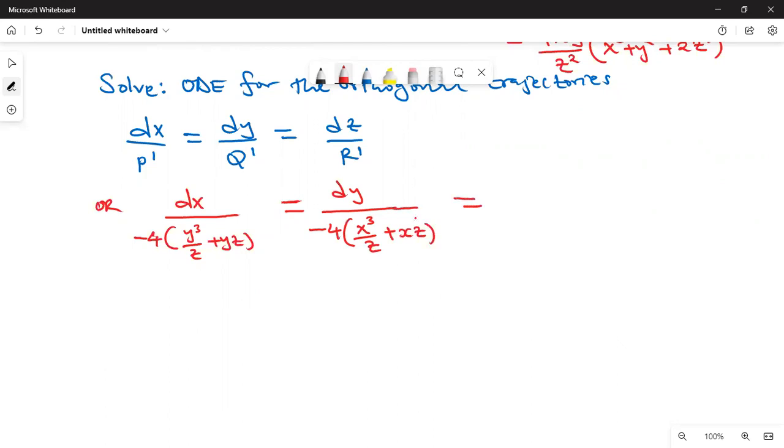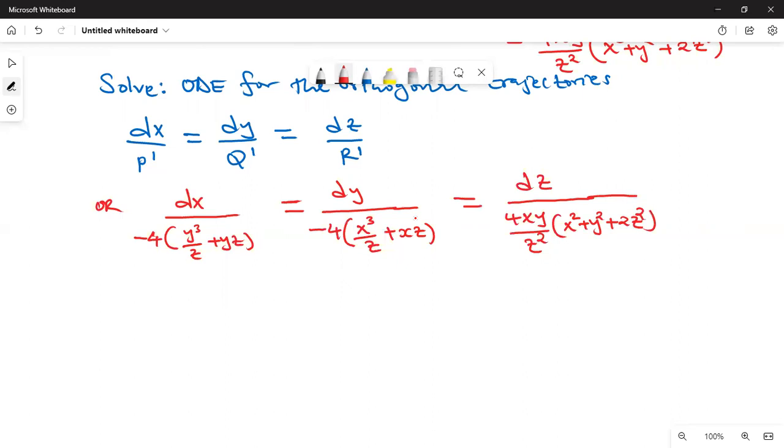And this should be equal to dz over our r prime, which we have just found: 4xy over z squared times (x squared plus y squared plus 2z squared).